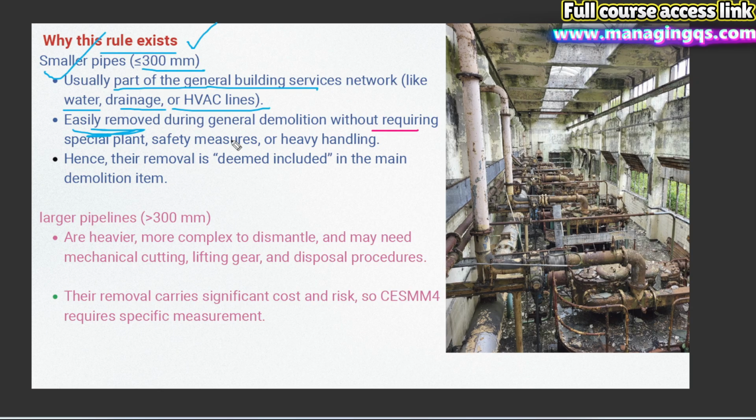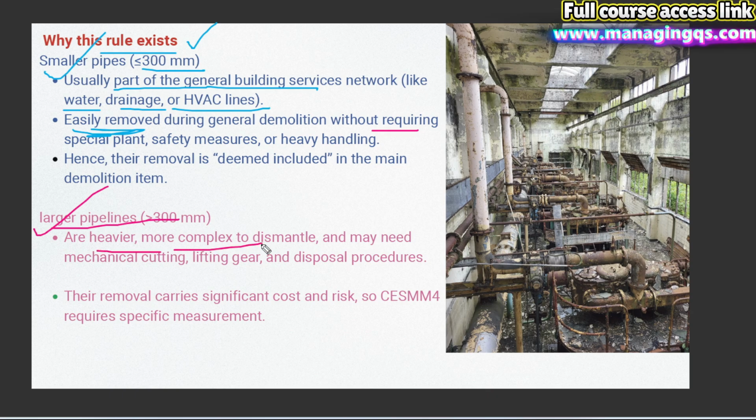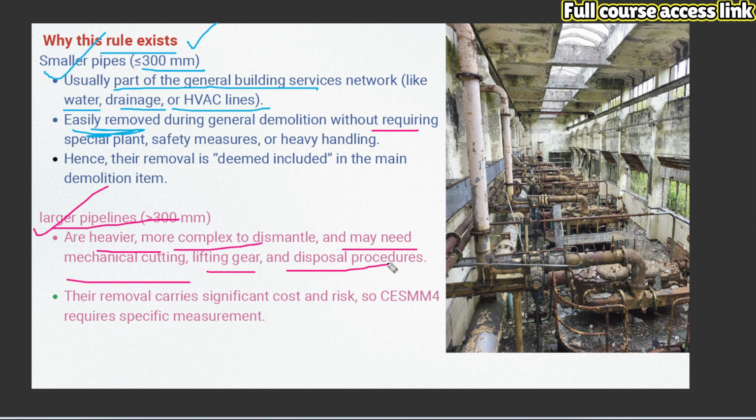Above 300 millimeters we call it a large pipeline system. It is heavier and more complex, so we may need mechanical cutting, lifting gear and special disposal procedures. That is why we consider this rule under the CESMM.